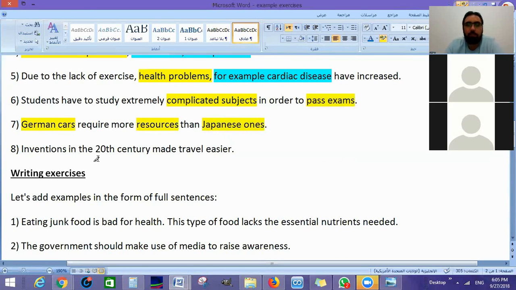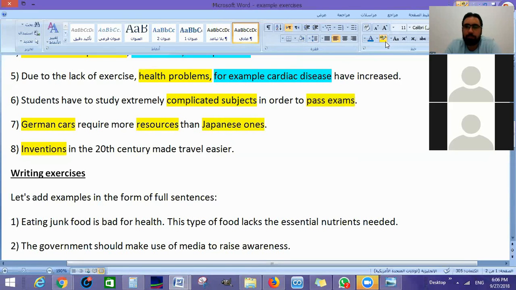Yeah? Okay. Number 8, inventions in the 20th century have made travel easier. So, inventions. Okay. So now we have 6, 7, and 8.